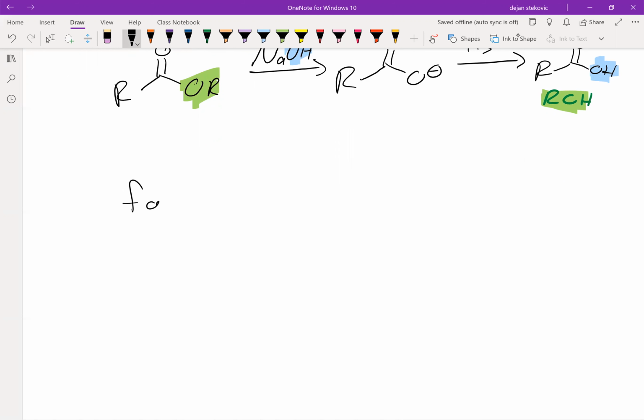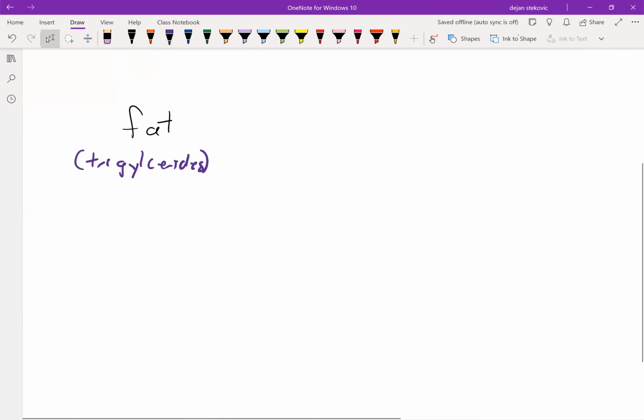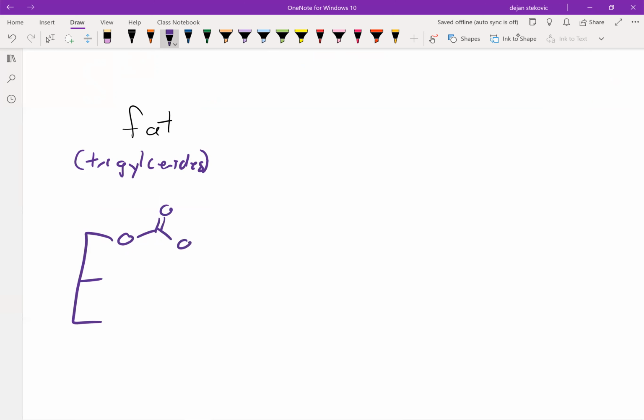So how they made soap, at least back in the day, was they took some kind of animal fat, which has a lot of triglycerides in it, which basically are just 3 esters joined together. And these guys here are indeed 3 carbons.